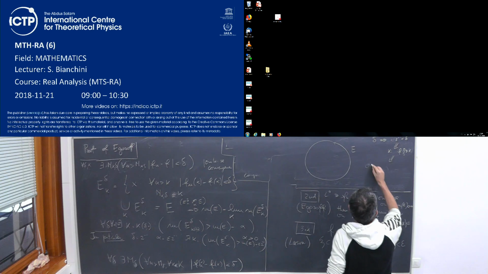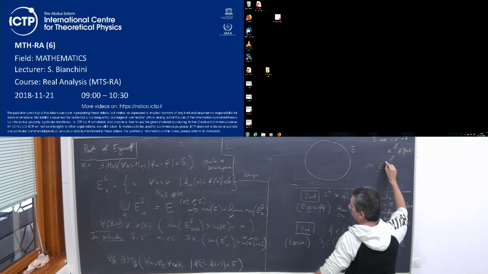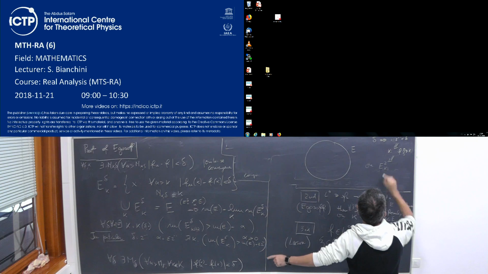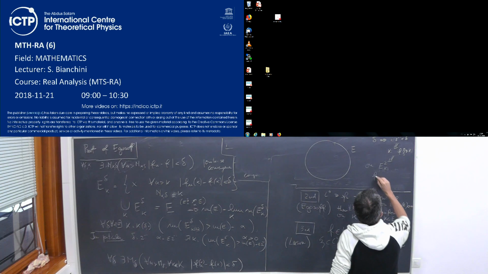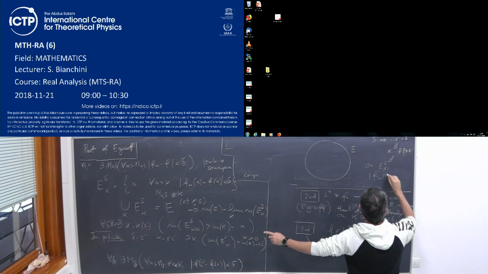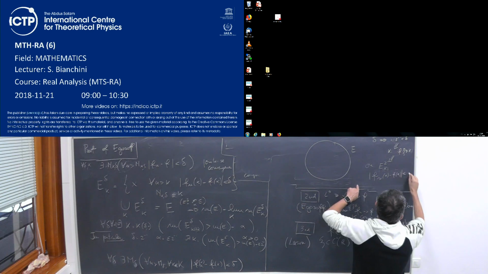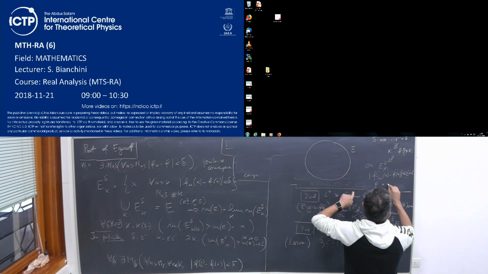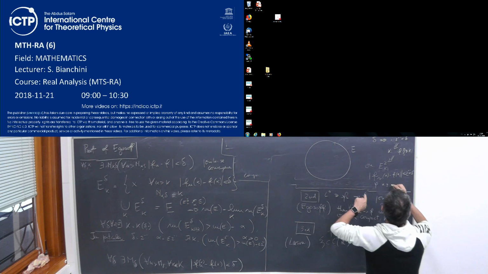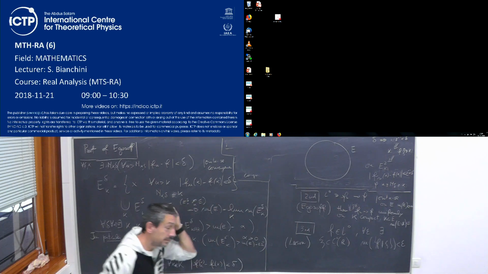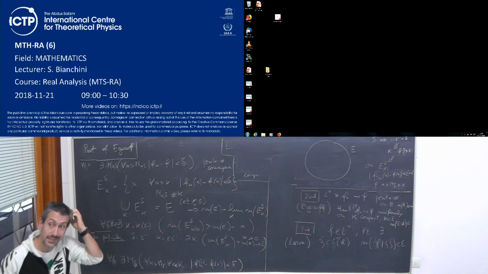Then on E 2 to the minus i K_i, f_n(x) minus f(x) is less than delta, so 2 to the minus i, which is less than delta, if n is greater or equal than M delta, which is greater than K_i.